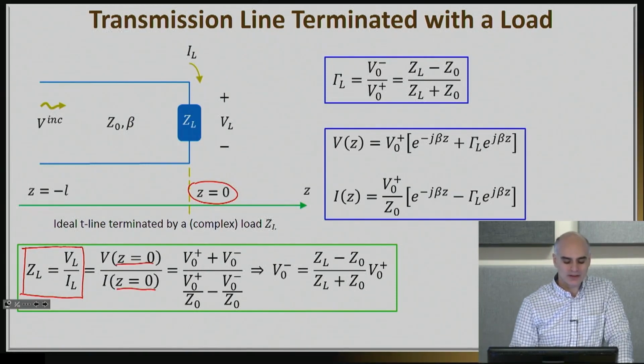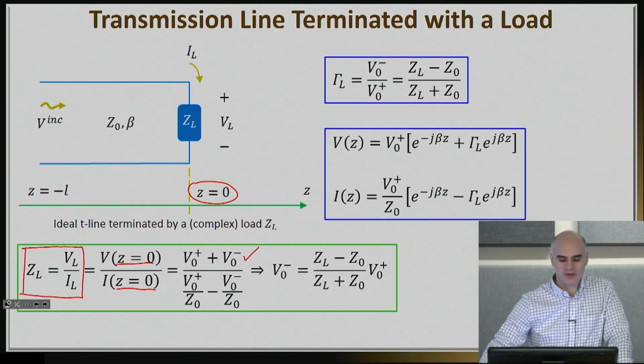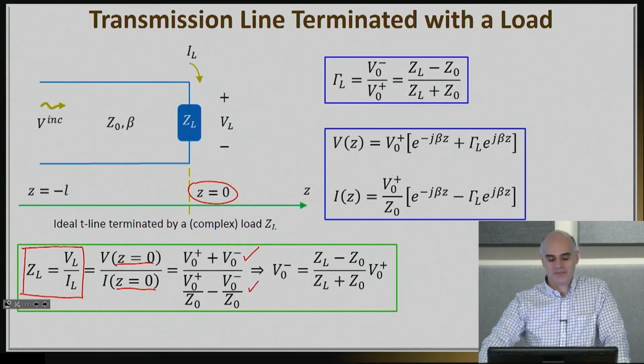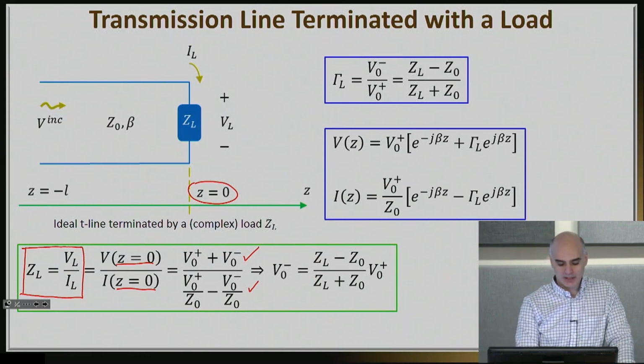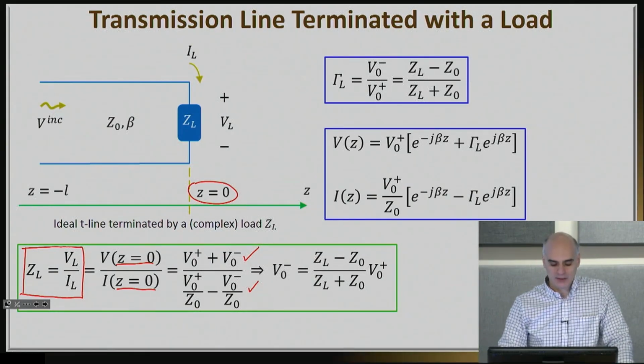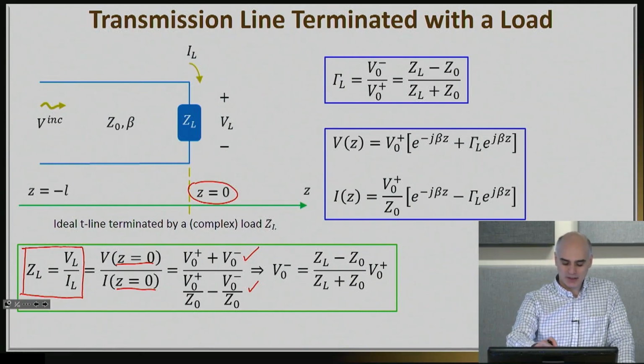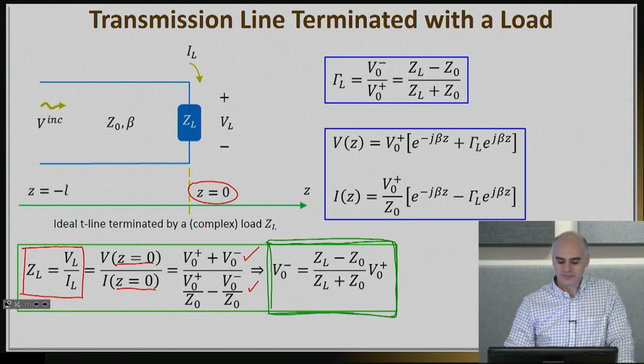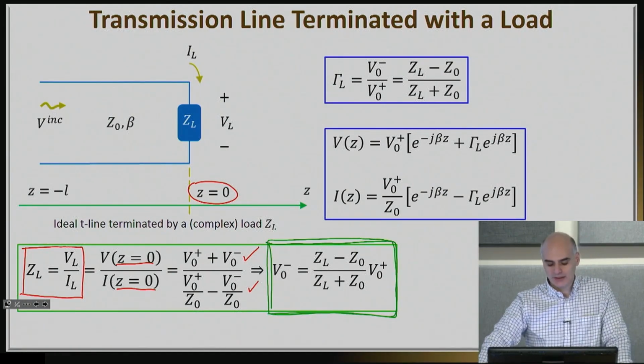So I will take the expressions I had before and plug in Z equals 0. When I do that, the voltage will be equal to simply V0 plus plus V0 minus. And similarly, the current will be equal to V0 plus over Z0 minus V0 minus over Z0. V0 minus is my unknown, while ZL and V0 plus are known. So that means I will be able to find my unknown voltage V0 minus as shown right here.